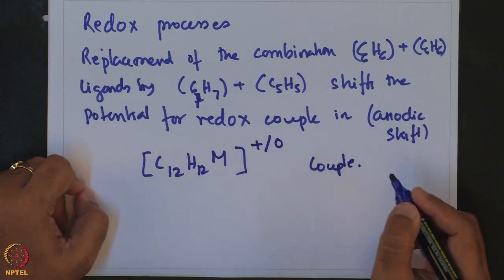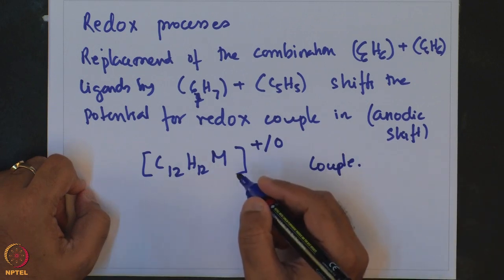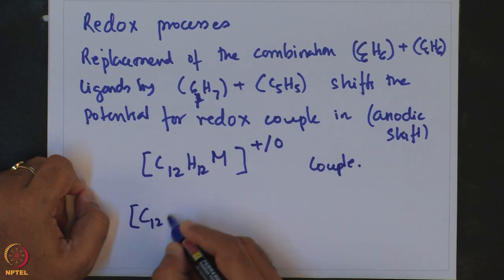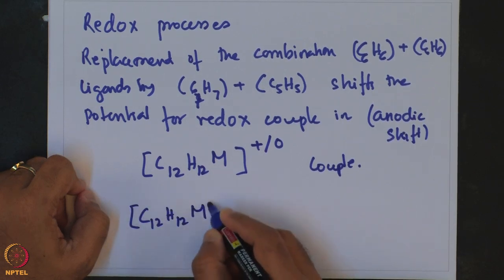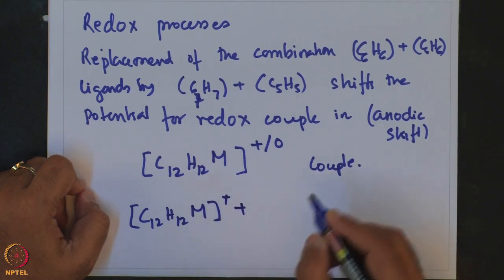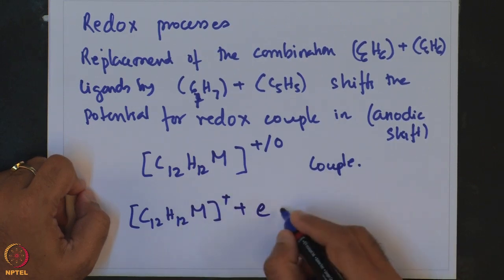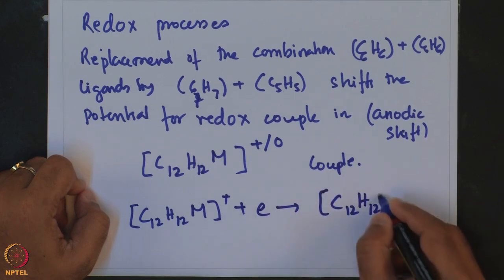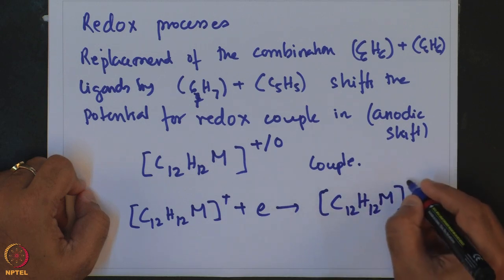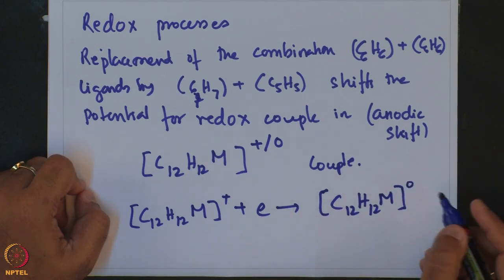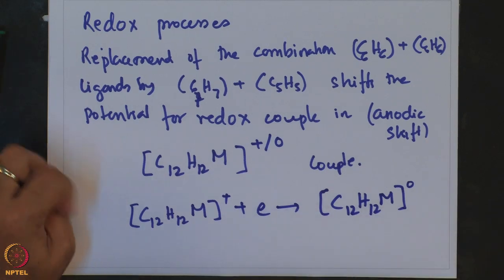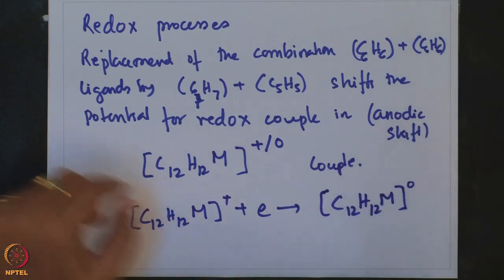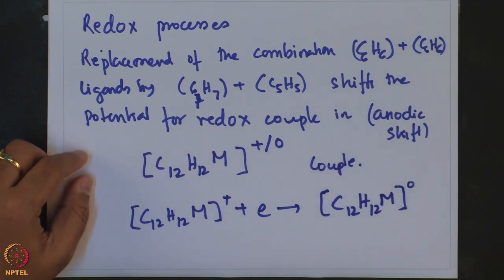This means that this can be used for the reaction C12H12M plus e giving C12H12M 0 reaction, and the E values which have been measured for certain complexes are to be mentioned over here.